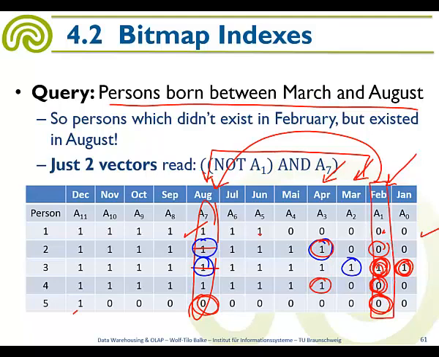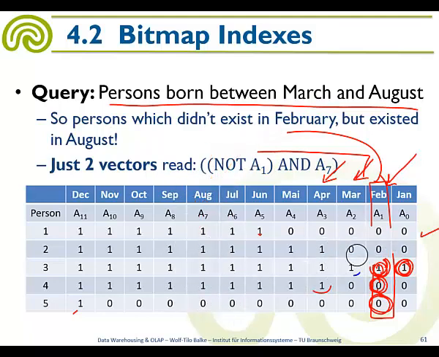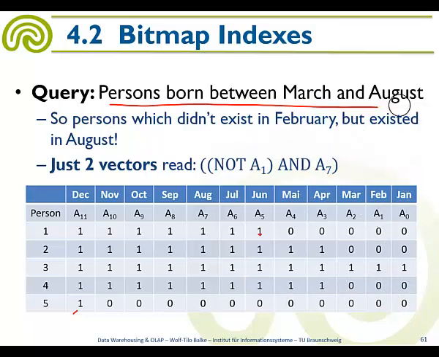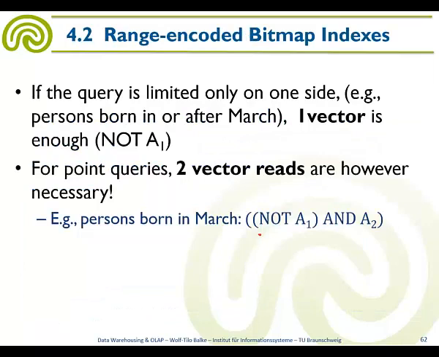So just by looking at the negation of February and ANDing this vector, you get the answer that you wanted without actually having to look at the 6 bit vectors. It's just a simple logical operation, and you just exploit the fact that you replicate the value as soon as it happens. So once they were born in March, you put 1s in every coming bitmap vector.